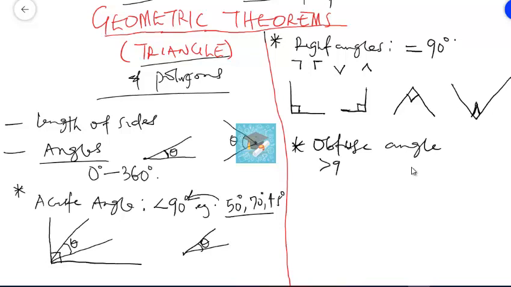So if we have angle X such that 90 is less than X and X is less than 180 degrees, then we say that X is obtuse, because X is greater than 90 but less than 180 degrees.